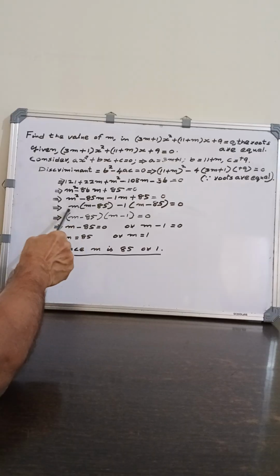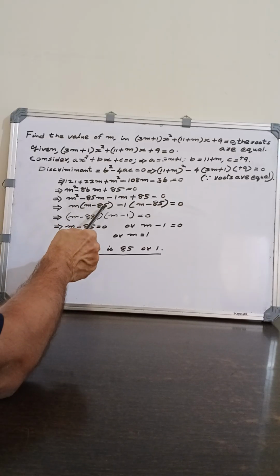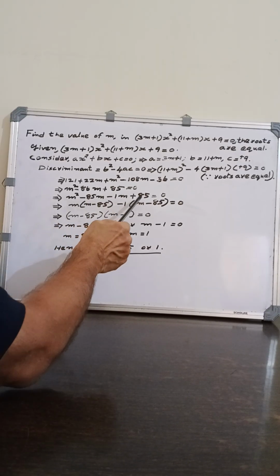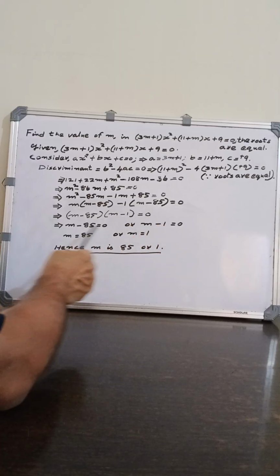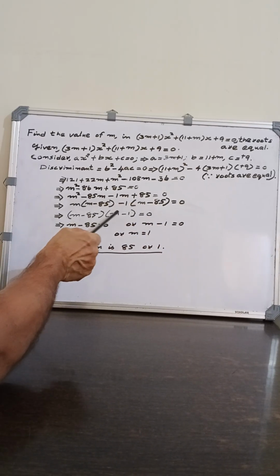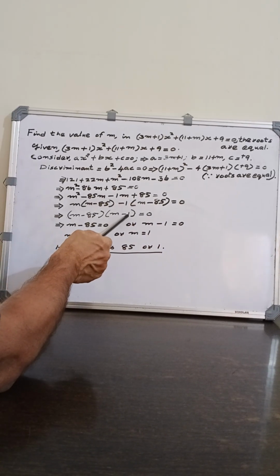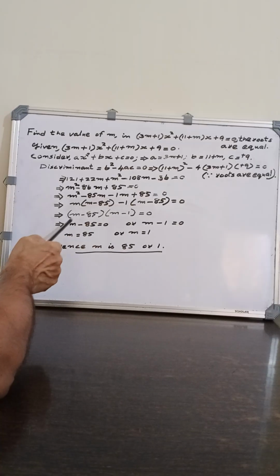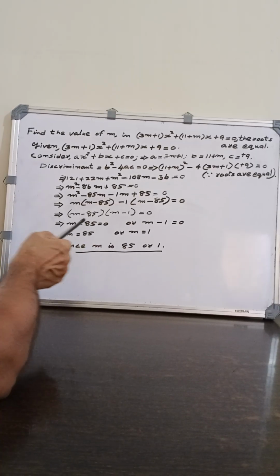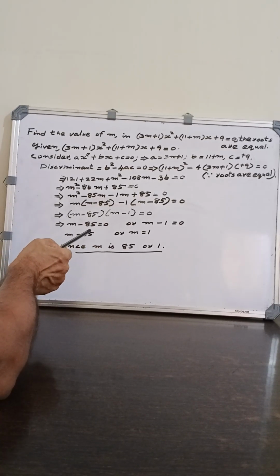Then taking the common factor, m(m − 85) − 1(m − 85) = 0. That is, (m − 85)(m − 1) = 0. That is, m − 85 = 0, m = 85.